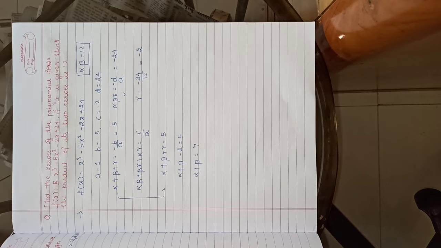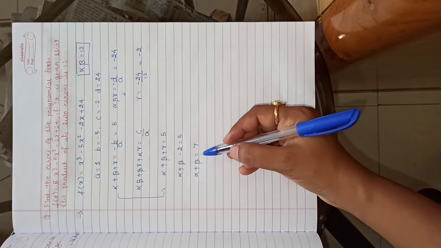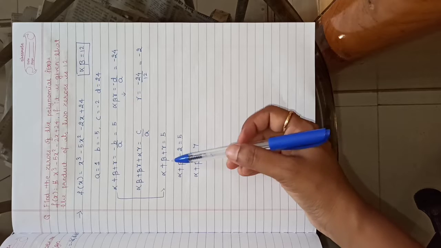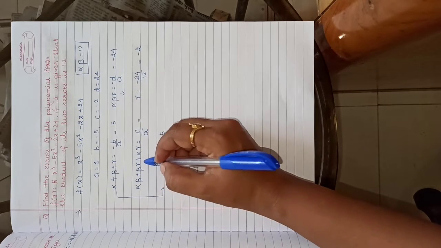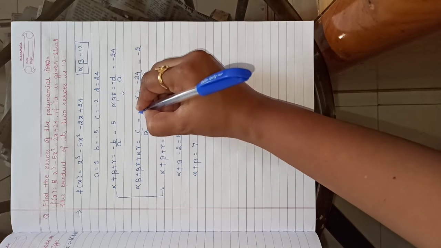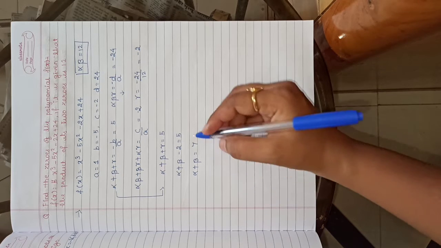Okay. Now, as you can see, I have the value of alpha plus beta, and I also have one more relation, that is alpha beta gamma, which is equal to minus 2. So the question asked is, you have to find the values of alpha, beta and gamma. Gamma I have already found. Now I have to just find the values of alpha and beta.